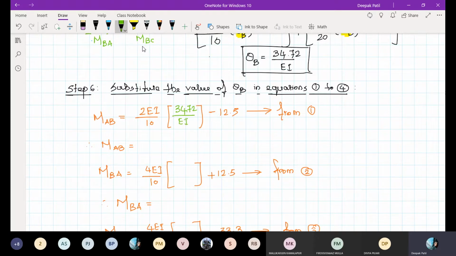Once you solve this, you can see this EI and this EI will go. So you will get the value of MAB as minus 5.55 kilonewton meter.